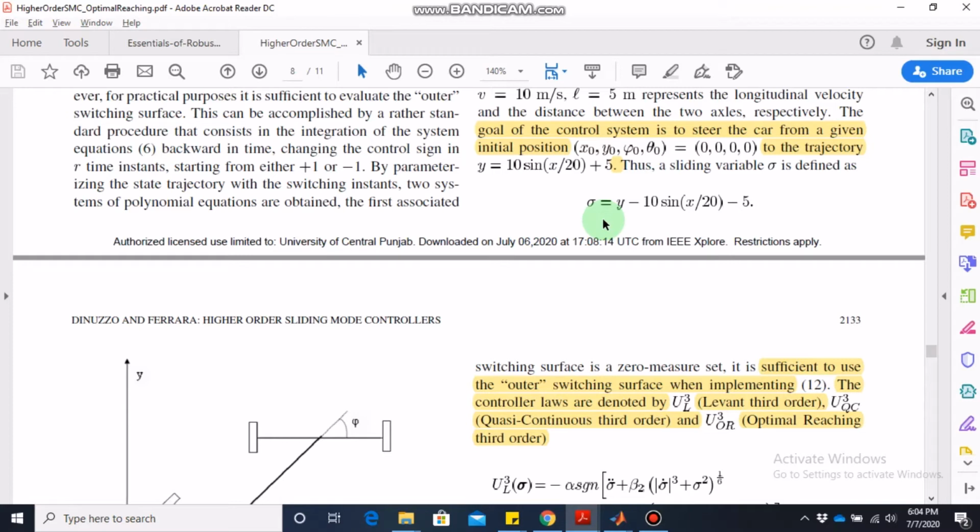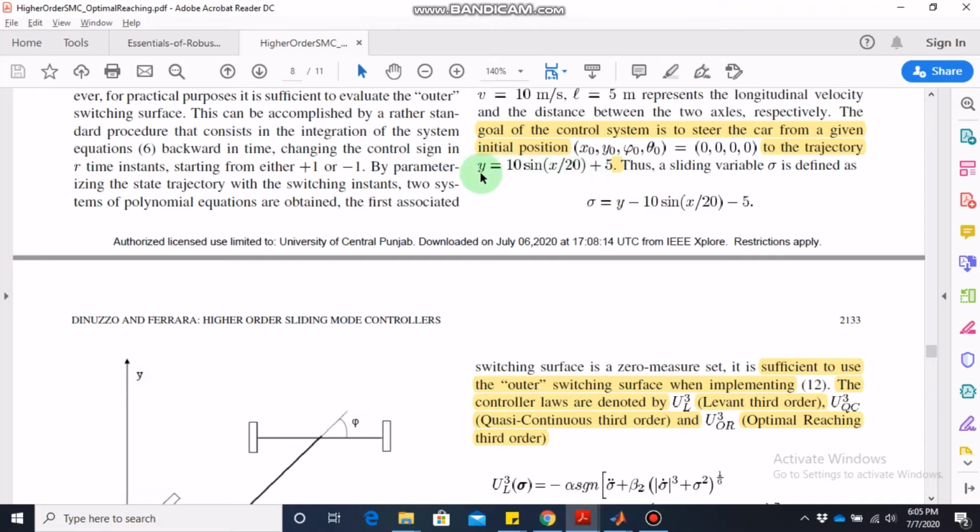If you put this whole thing, y minus 10 sine x by 20 minus 5 equal to 0, that is the definition of the sliding surface. If the sliding surface is equal to 0, then this control objective is satisfied.